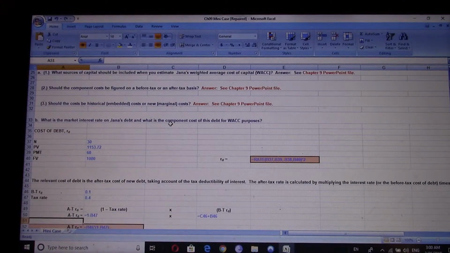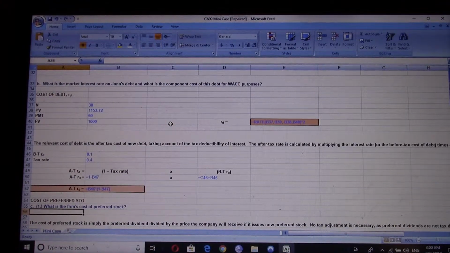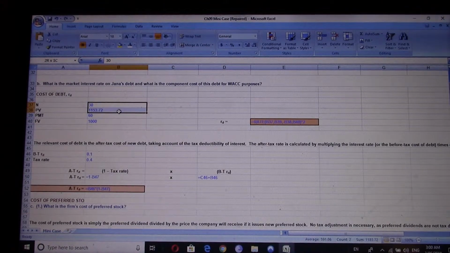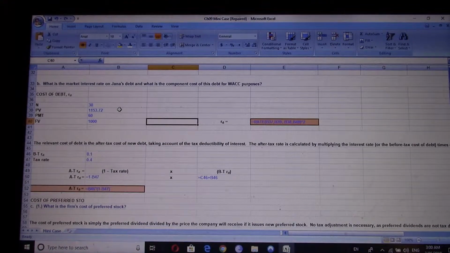Question B here is asking you for the cost of debt. This is the information given: 30 years to maturity, the bond price is given, the coupon is given, and the future value is always $1,000.